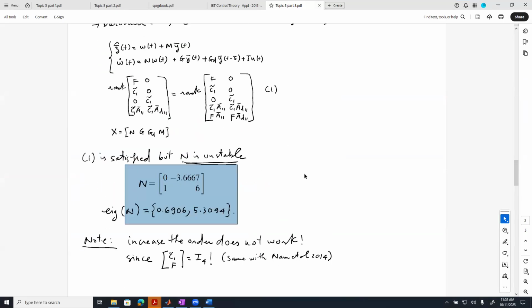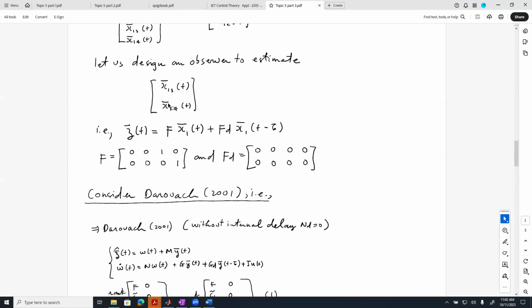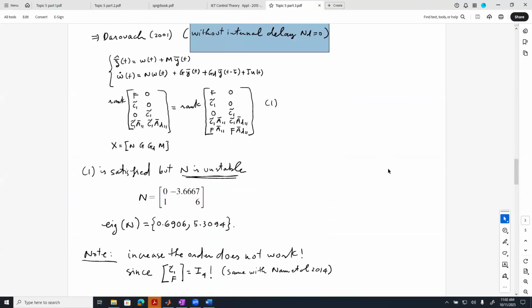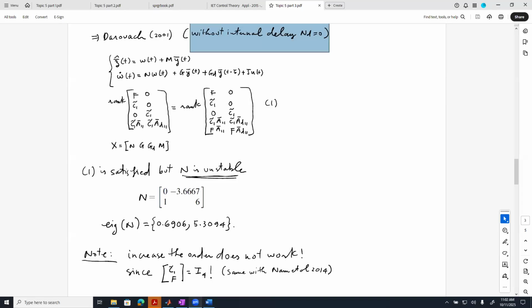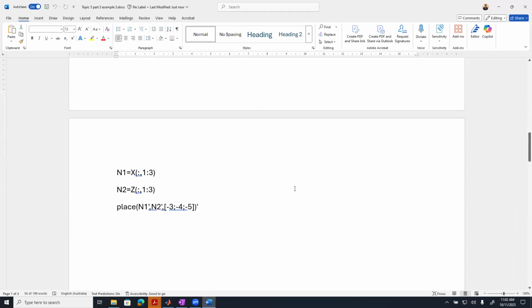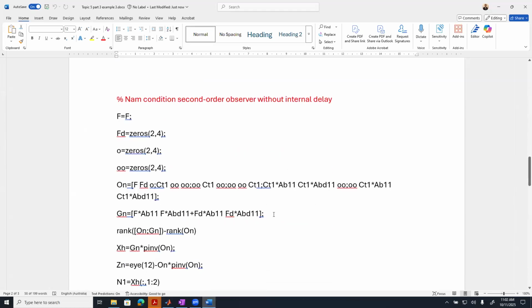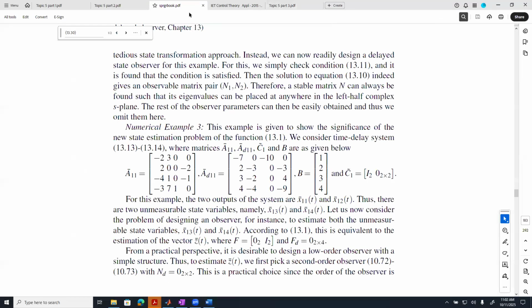That means that to estimate the two state variables here using this second order observer without internal delay, we have a problem. The same thing applies to the methods by Nam as well, and that reference is the one given in this book.